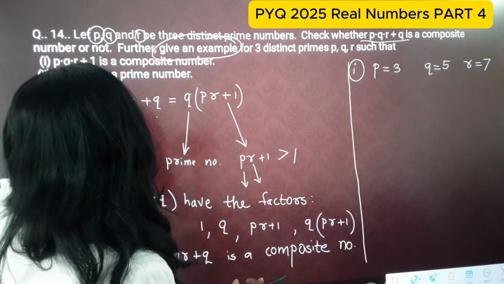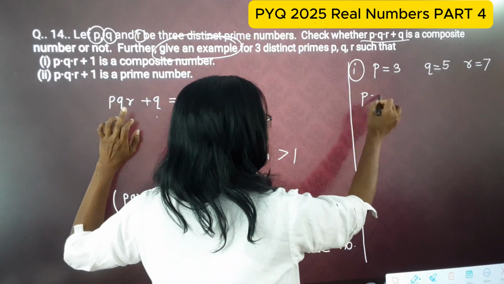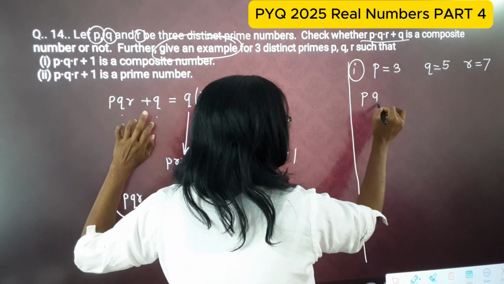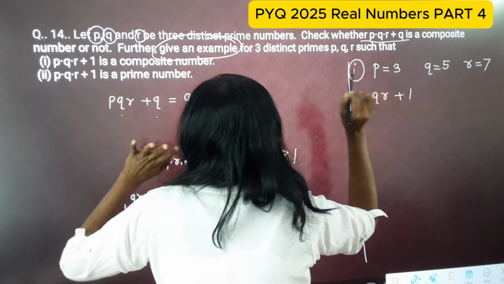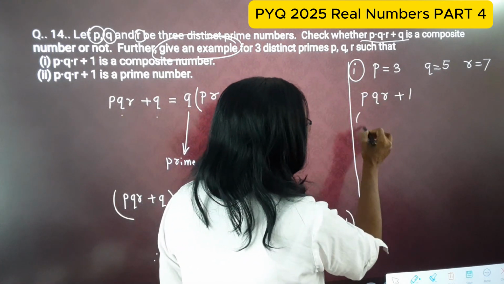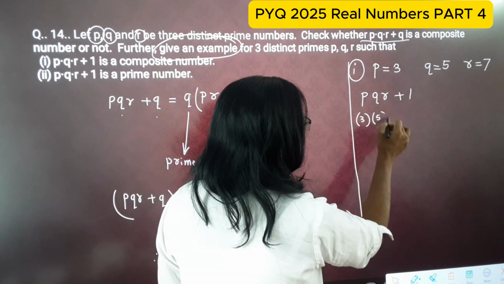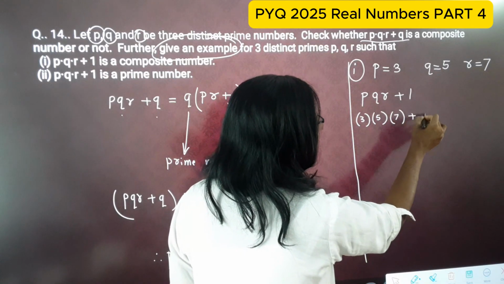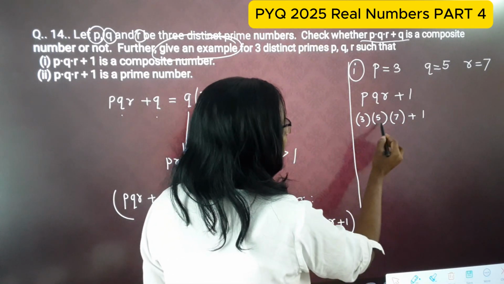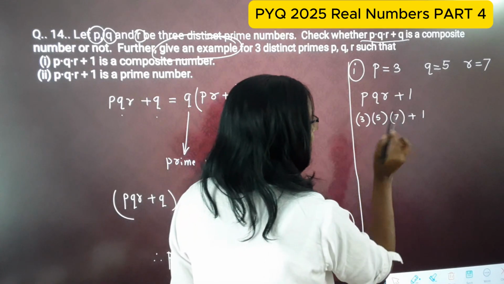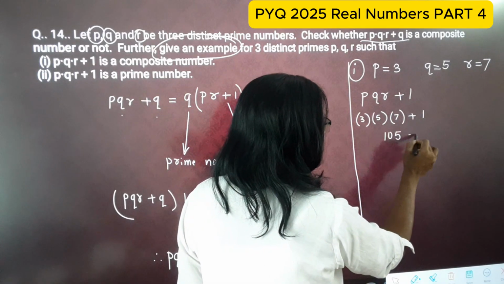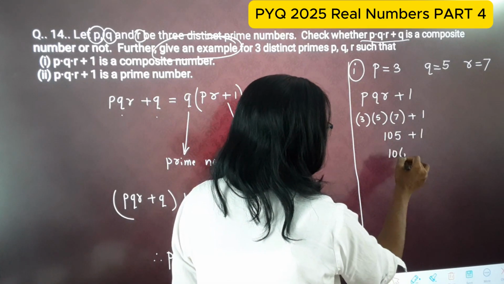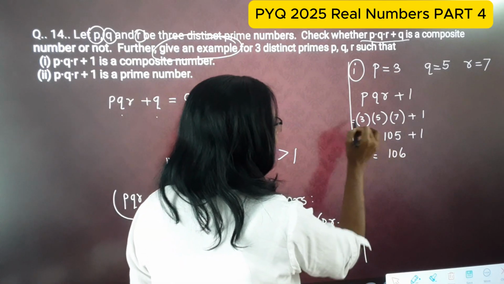Now if you substitute these values in PQR plus 1, then 3 multiply 5 multiply 7 plus 1. 3 5s are 15, 15 7s are 105, plus 1 means 106. So the answer is 106.